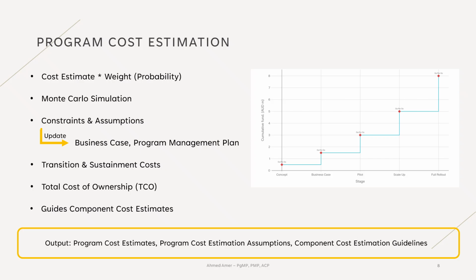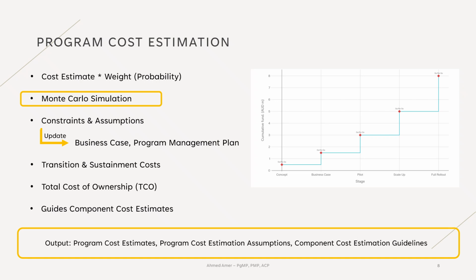Before wrapping up here, and as extra information, Monte Carlo cost estimation uses computer simulations to predict total project costs when uncertainties exist. It runs thousands of scenarios by randomly varying inputs like task durations, labor rates, or material prices within realistic ranges.